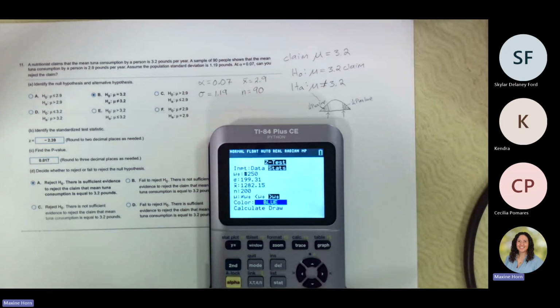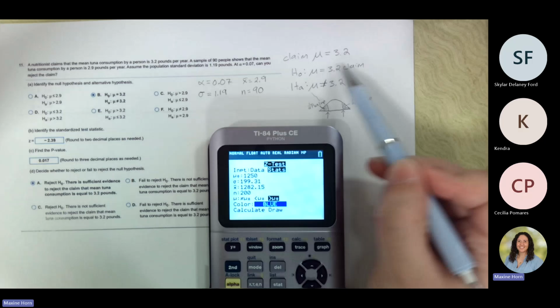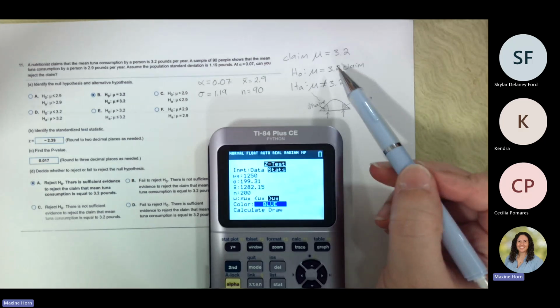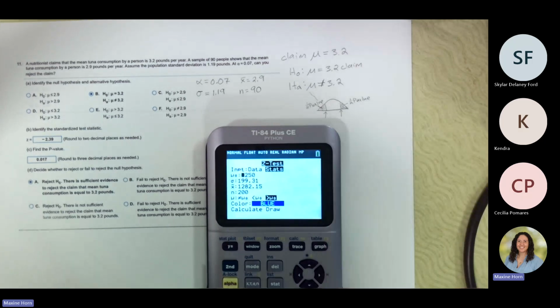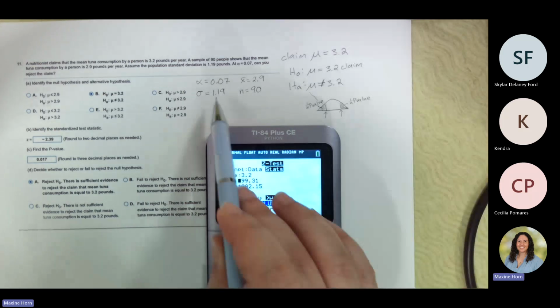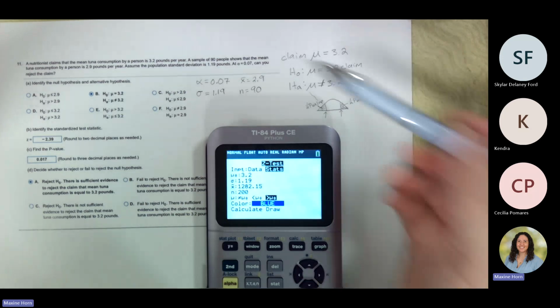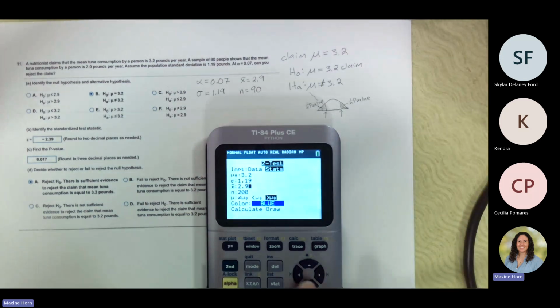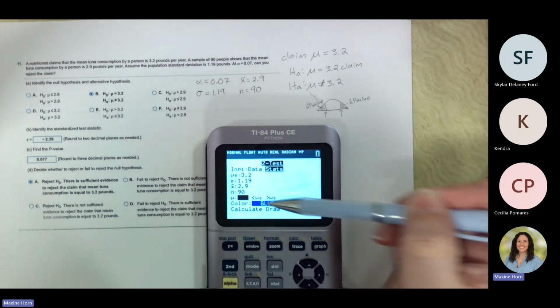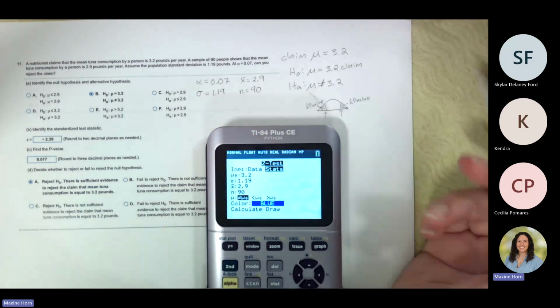The number that's with our claim, our population mean, is 3.2. Population standard deviation, 1.19. Sample mean, 2.9. Sample size, 90. And then this was two-tailed. We have to change it to not equal to, because what we put here is what the alternative hypothesis is.